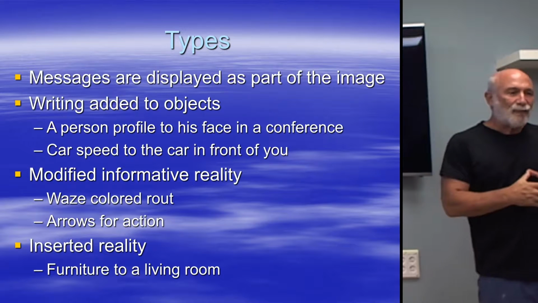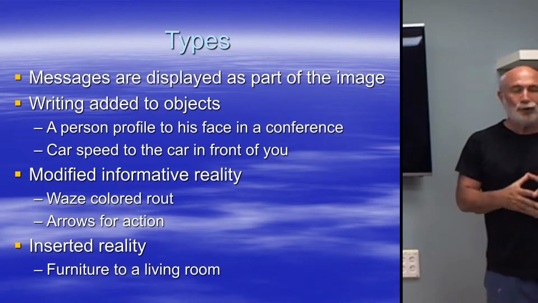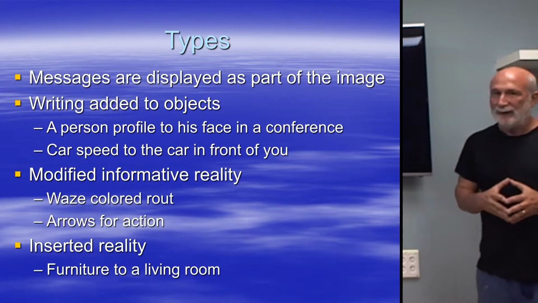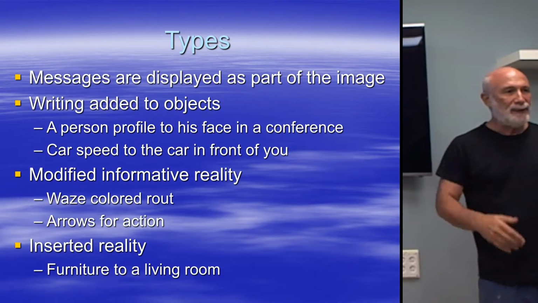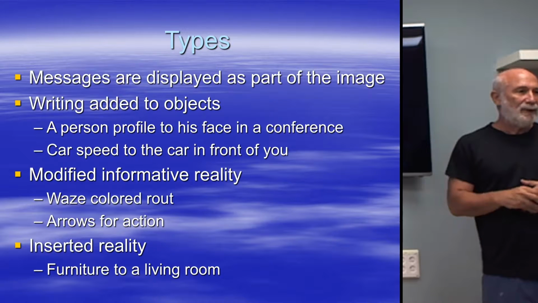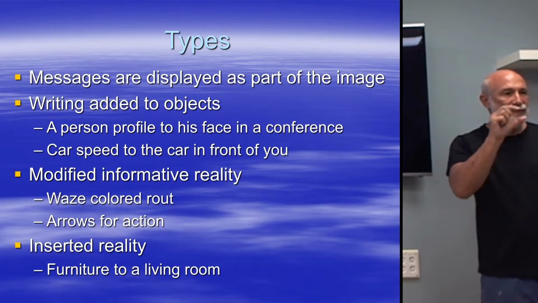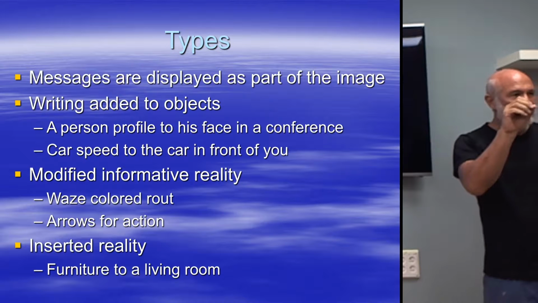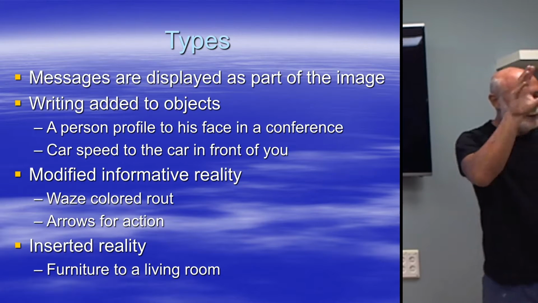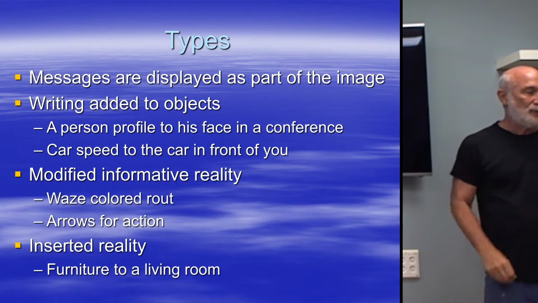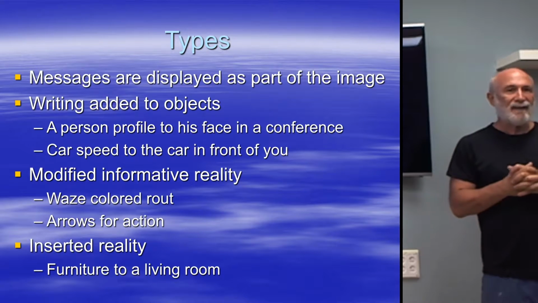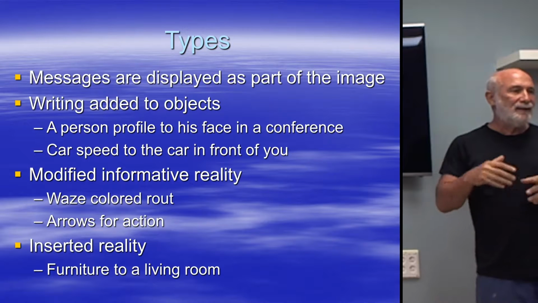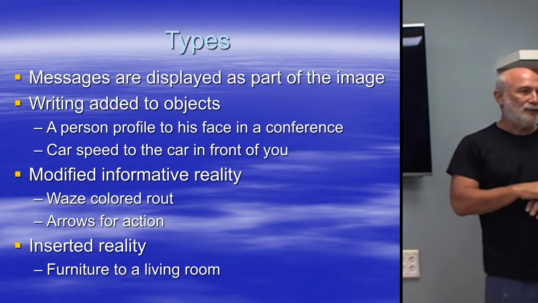The second is writings added to objects. For example, you are at a conference and you see people walking by, and when you see a person that you are interested in, you will see his profile on his image. Or you are driving on the road, and you see the speed of the car driving in front of you.